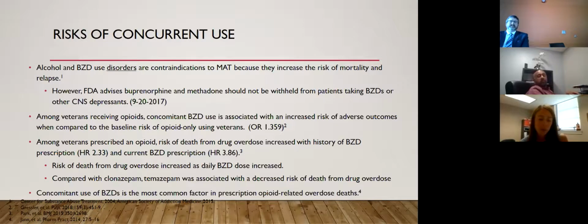Among veterans receiving opioids, concomitant benzodiazepine use is associated with an increased risk of adverse outcomes when compared to the baseline risk of opioid-only using veterans. And those adverse outcomes were defined as opioid-related accidents and overdoses, alcohol and non-opioid drug-related accidents and overdoses, self-inflicted injuries, violence-related injuries, and wounds or injuries overall, as well as all-cause death.